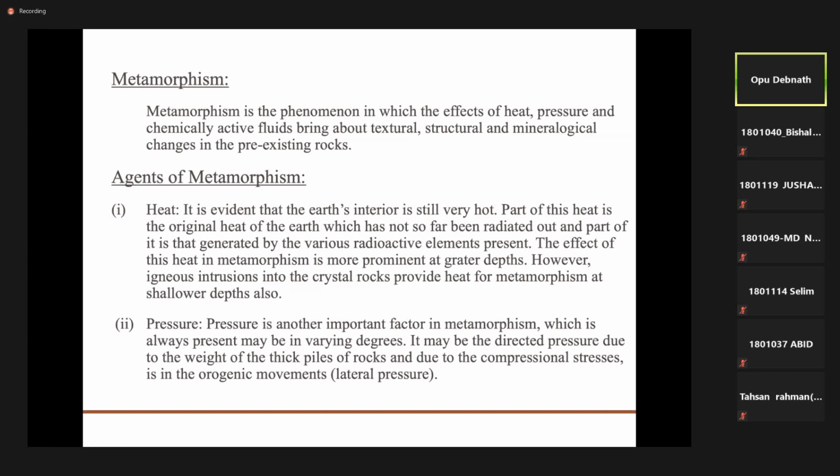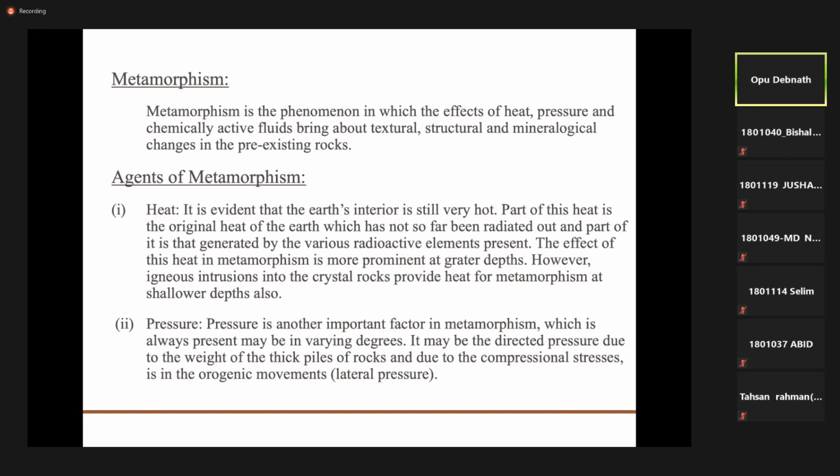And another source of heat for metamorphism is the igneous intrusion. While forming igneous rock, we discussed intrusive igneous rocks and extrusive igneous rocks. In the intrusive igneous rocks, the hot molten magmatic materials intrude into the existing voids of the rock layer, and finally form sills, dikes, or laccoliths, these types of structures.